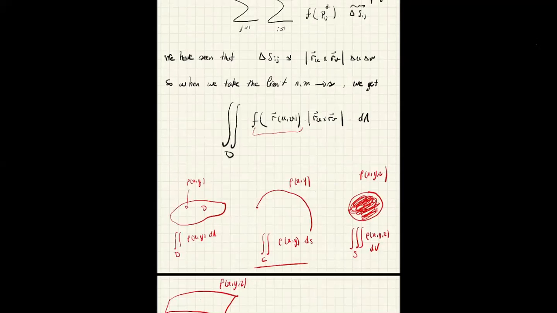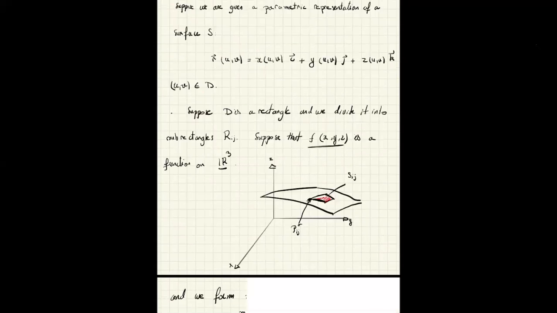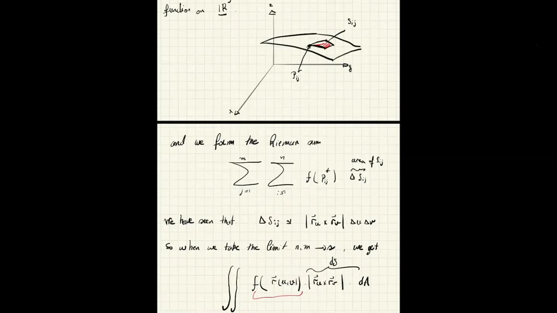The definition of a surface integral, remember, that was the dS. That was the element of the surface. Remember, we approximated this one. We approximated the element of the surface with what I did here.